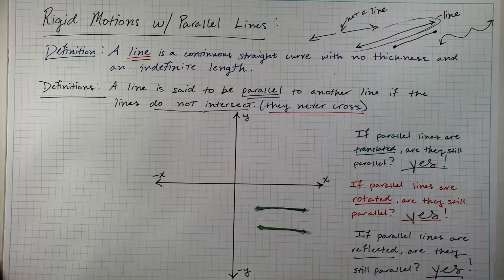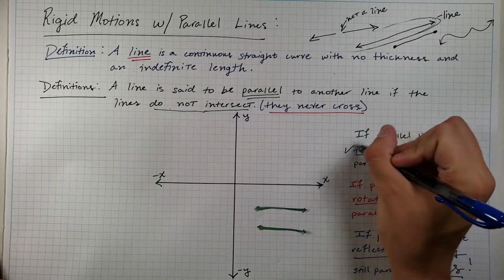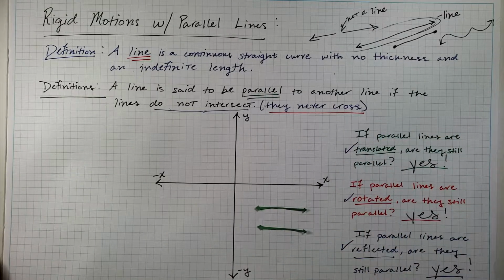Yeah, they're still parallel. The most important thing to notice is this: with translations, rotations, and reflections, everything gets preserved for parallel lines. That's pretty much it for parallel lines. We'll look at some more examples in the next videos.